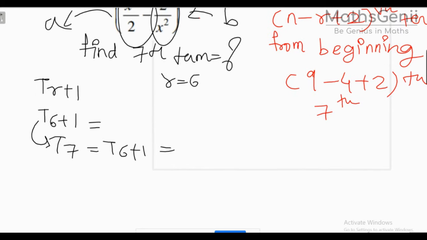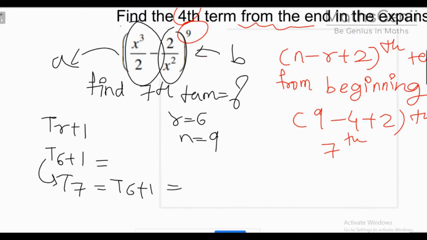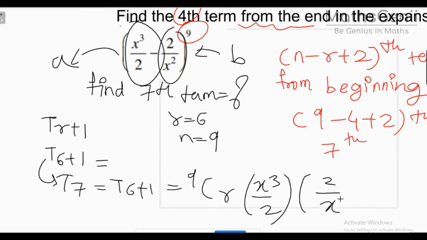The formula says nCr. Okay, n is 9. So n is 9, right? 9Cr, and then you write a, then you write b, and your b is minus, don't forget.